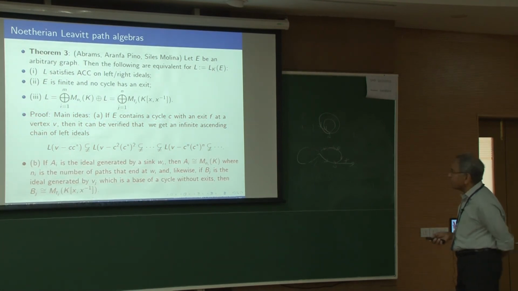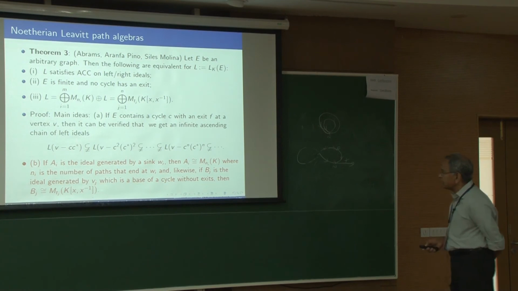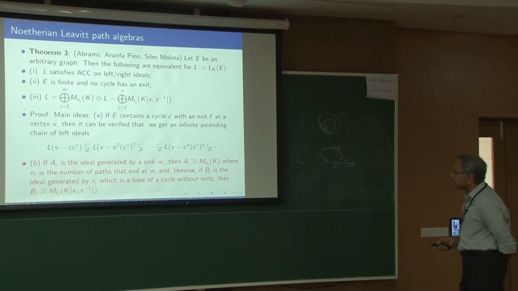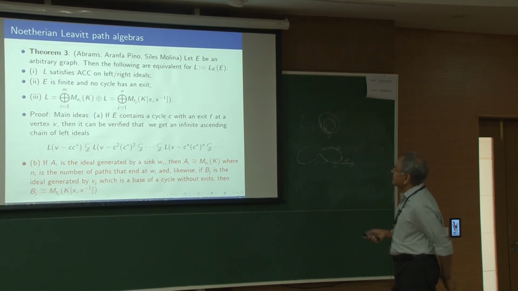So if you look at all the cycles without exits and all the sinks, for each sink I, the ideal generated by it becomes a matrix ring, and likewise for each J, if I have a cycle without exit based at Bj, the ideal generated by that vertex will be isomorphic to a matrix ring over a Laurent polynomial ring, k[x, x inverse]. So L is a direct sum of those matrix rings.